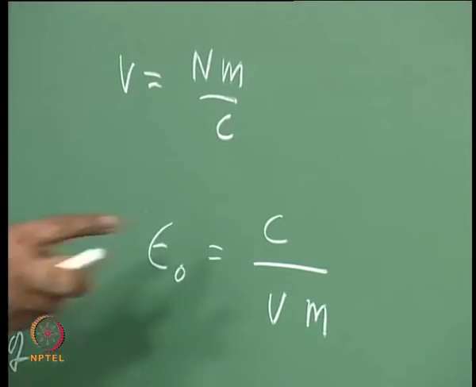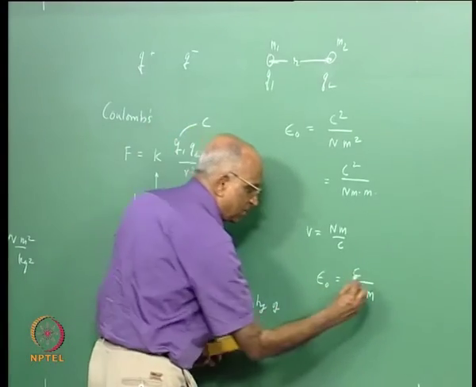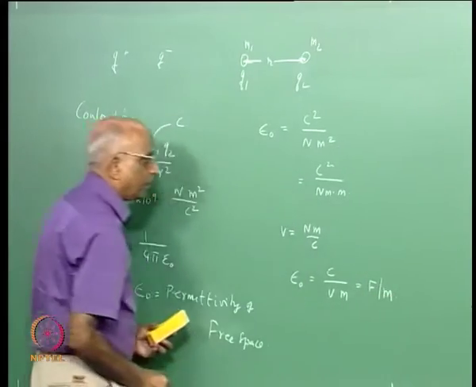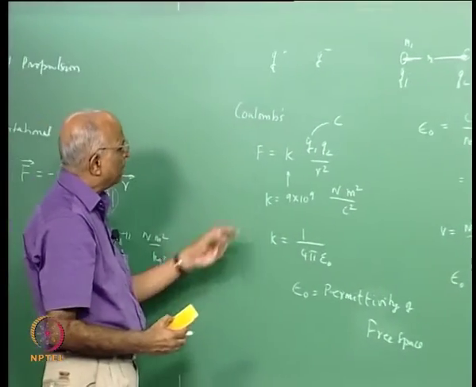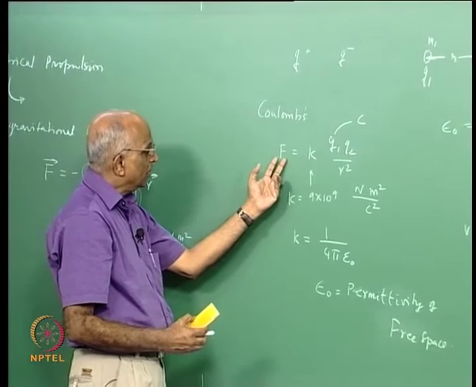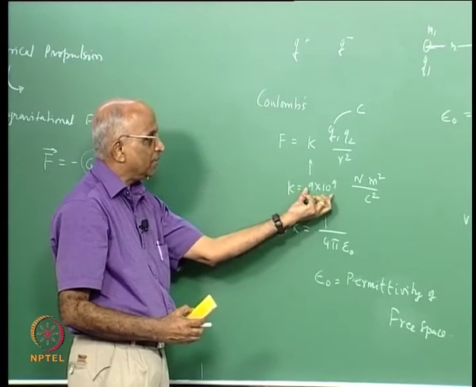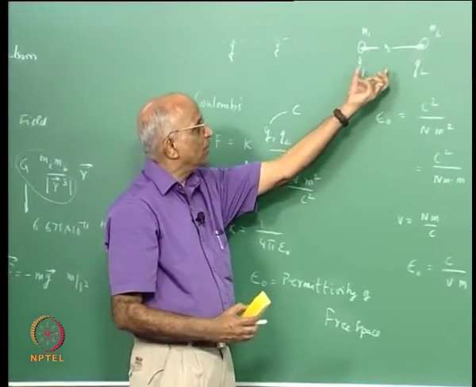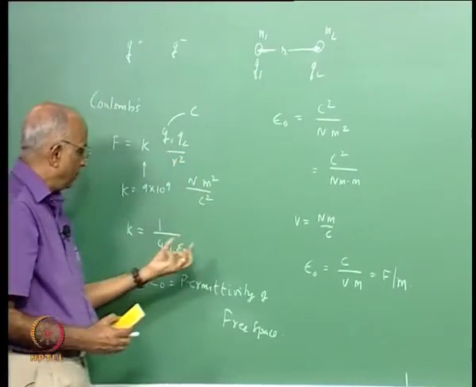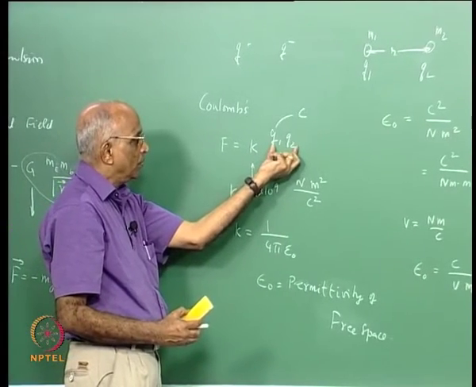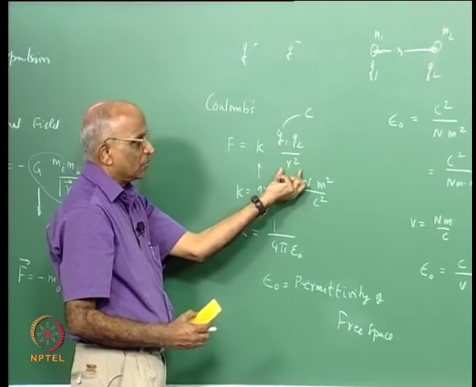And when I say charge by potential is the capacitance, farad, it is farad divided by meter. Therefore, what is it we see? The force is given in terms of the permittivity, that is the ability of the space to hold the charge, in terms of epsilon 0 and the product of the two charges divided by r squared.